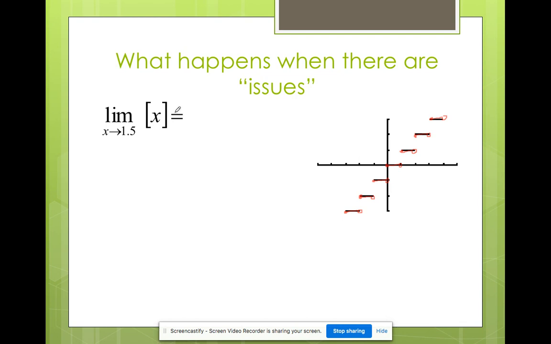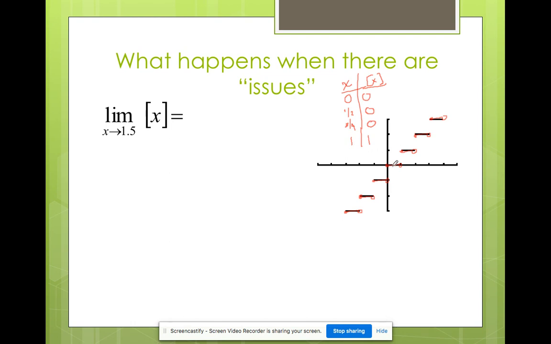The greatest integer function says that when you put in an integer, you get an integer back. But when you put in a non-integer, the range is the greatest integer you already wrote down.